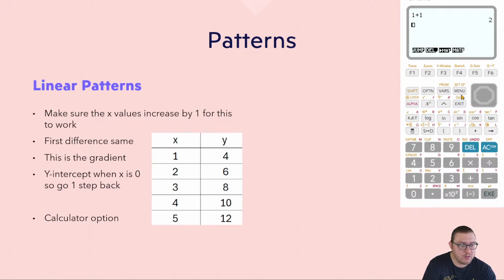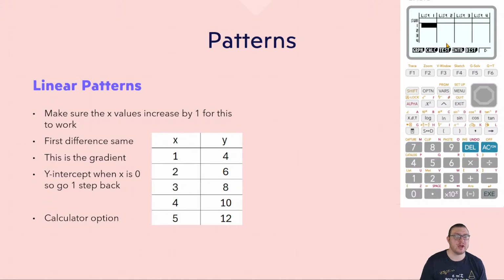Now, if we go into menu, we want to be in stat, the statistics menu. So we go to number 2, and you should now have a list of different things, kind of like an Excel table.